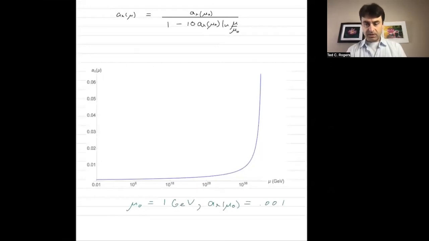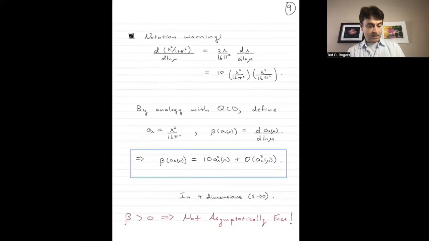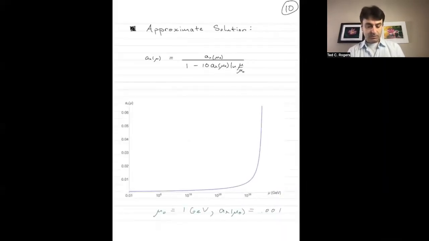Note that it's actually not that small, especially when you account for the fact that this is A, which already comes with 1 over 16 pi squared. So the value of lambda squared is going to be quite a bit larger than this. But okay, this is a nice round number to use for our illustration.